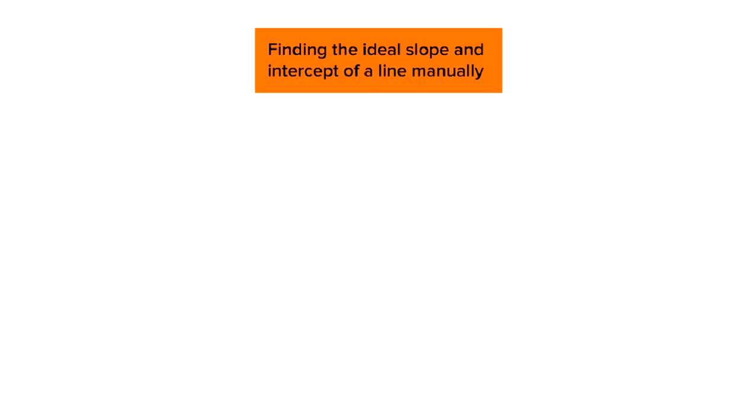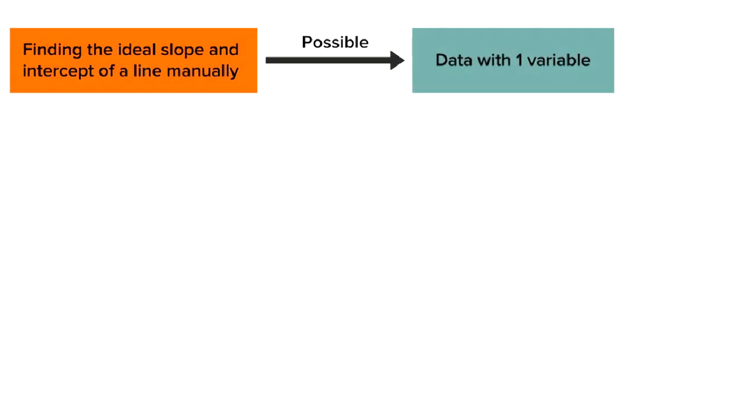So we have now learned how we can find the ideal slope and intercept of a line manually by identifying the optimum value of the slope, m, and the intercept. But we could do this because our data had only one input variable.